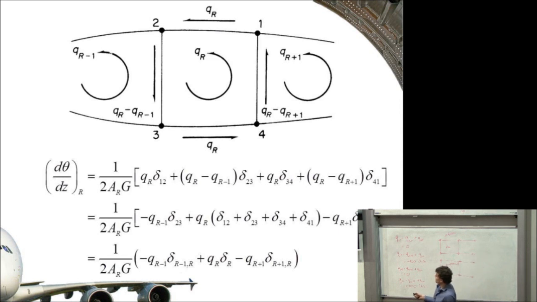So if we've got a constant, this is just somewhere in the middle of our section. We've just taken a piece out and we'll call it cell R-1 on the left.